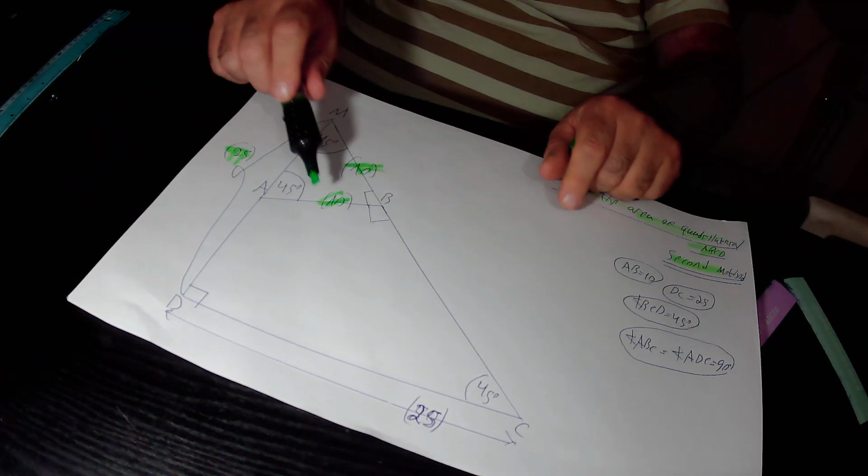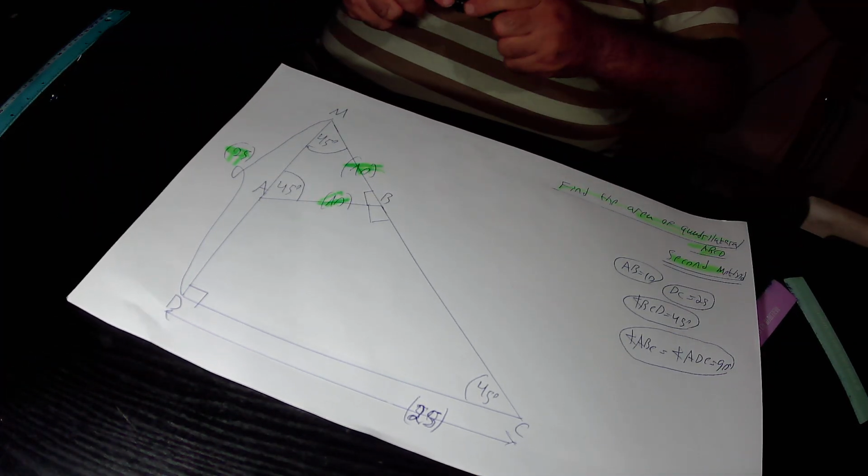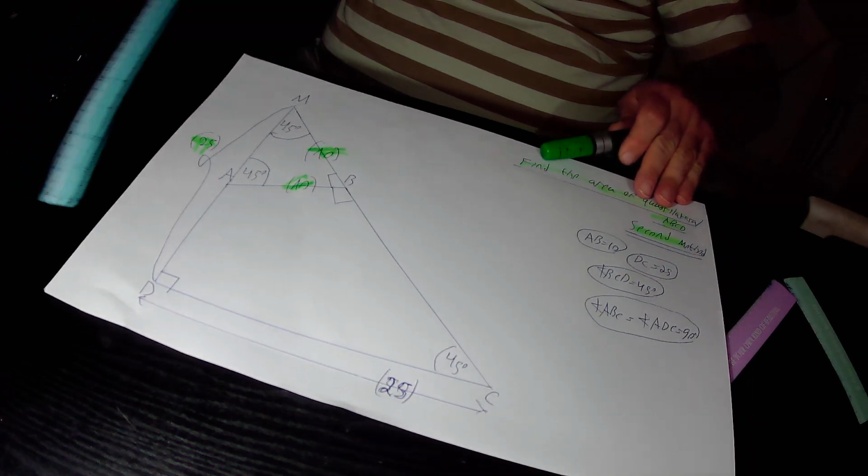Our task is to find the area of this quadrilateral ABCD. So what is the area of quadrilateral ABCD?